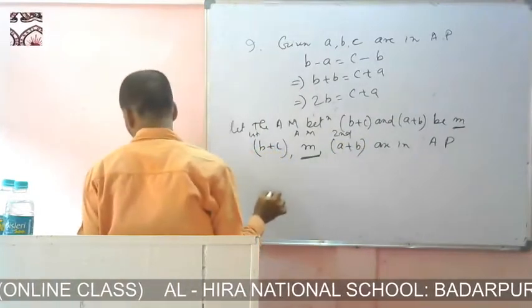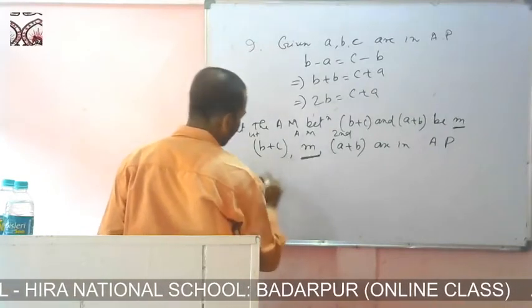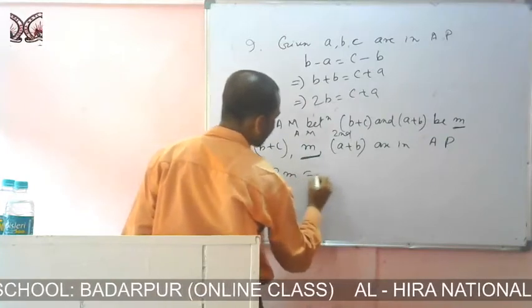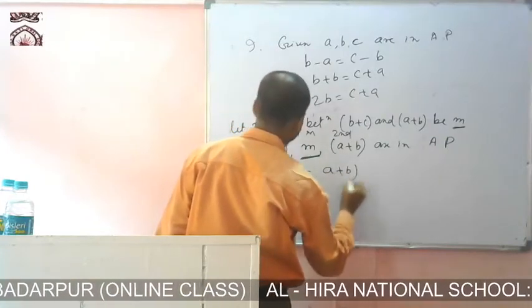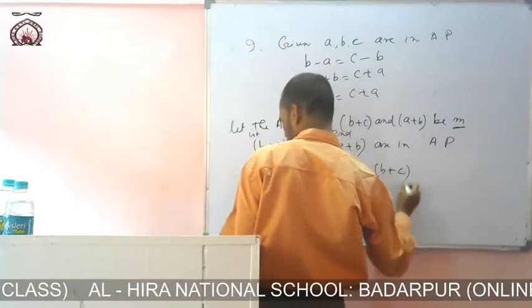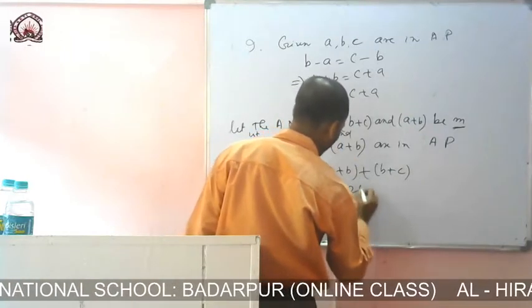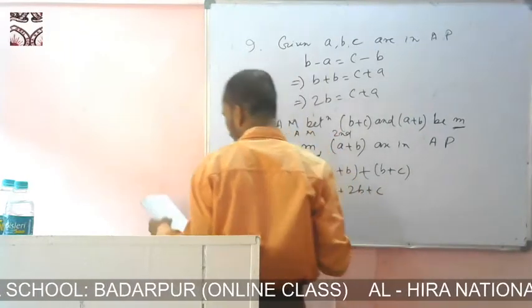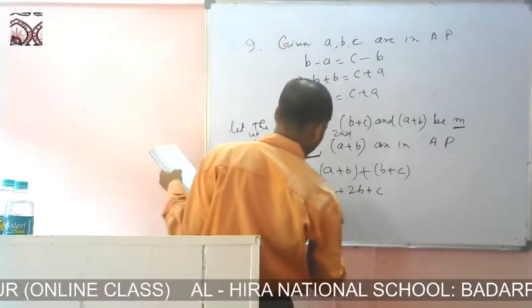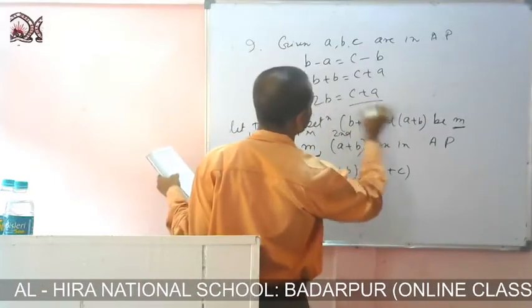So by the condition, twice M must be equal to A plus B plus B plus C, which is A plus twice B plus C. This we can write as A, and twice B is what?